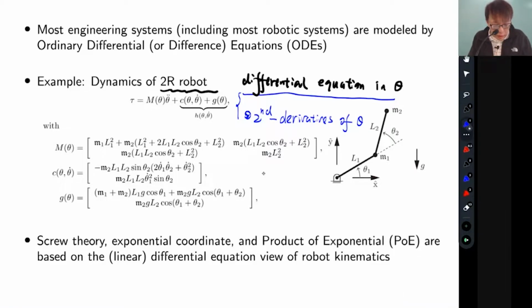It's a nonlinear differential equation used to describe the dynamics of a 2R robot, and we're going to learn how to derive it later in this class.